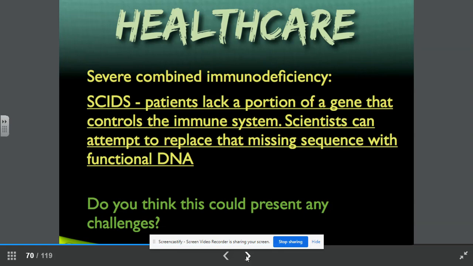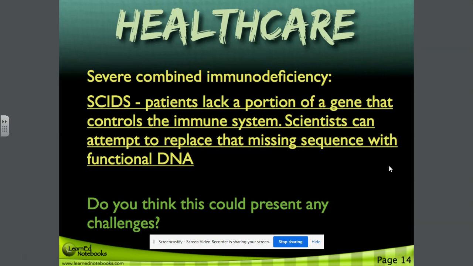Severe combined immunodeficiency, or SCIDS for short. In this illness, patients lack a portion of a gene that controls their immune system. Scientists can attempt to replace that missing sequence with functional DNA. Do you think this could present any challenges?